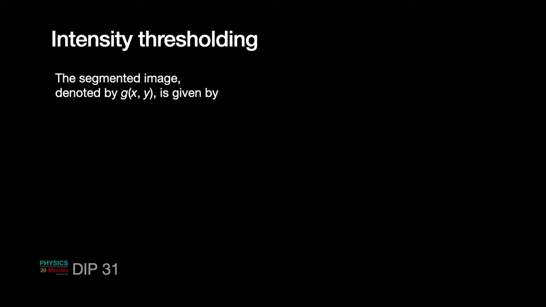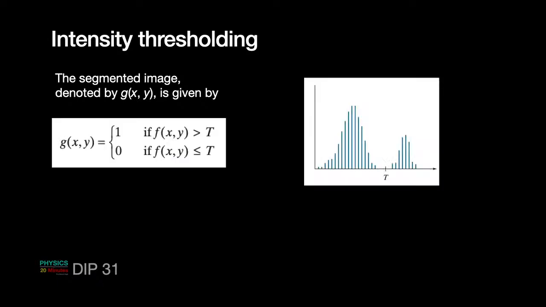If you have an image, then the segmented image can be written in this manner. Look at the histogram. If the image histogram has one large peak, then there is a valley here, and there's another small peak, then I can use this valley property to divide the image into two components.